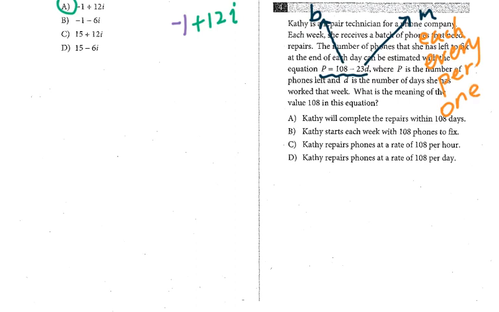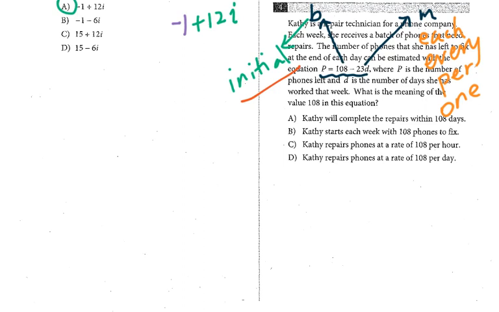But the b, that means y-intercept, means initial value. Which means before you get started, how many are over there, that's what we call the initial value.